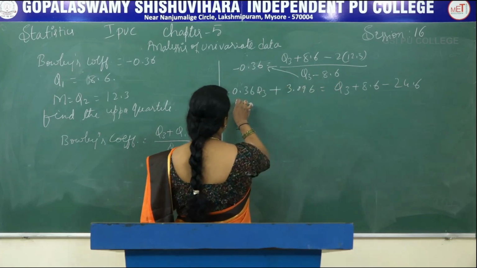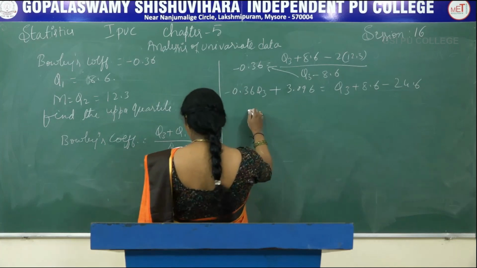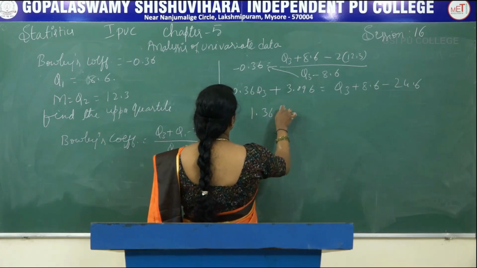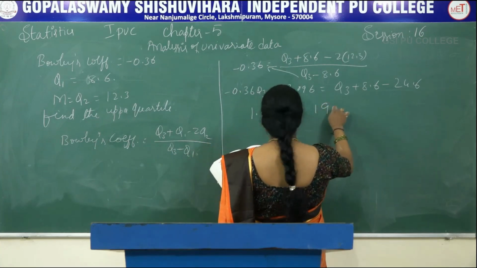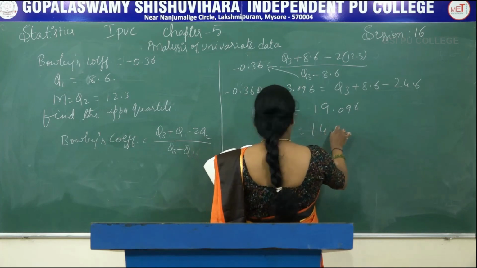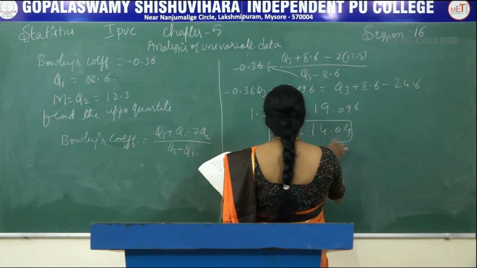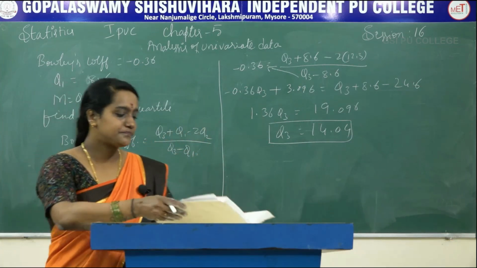It is minus 0.36. If I shift this to this side, it will become positive. So it will be 1.36 Q3 is equal to 19.096. So Q3, or upper quartile, is 14.04.